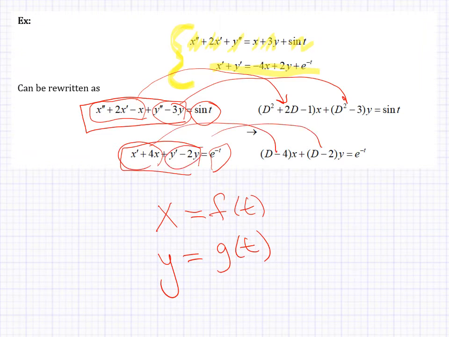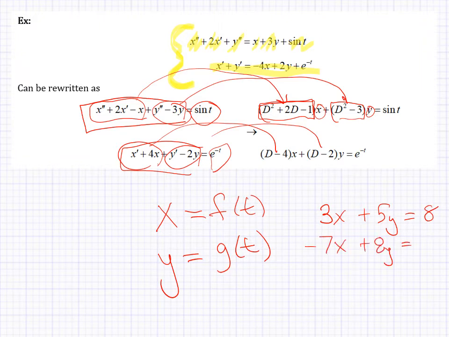Now, if you look at it, what do we have? We have some operator times x, or so let's say 4x, and some operator for y. And they have the same thing here. Well, this doesn't look too different than, let's say I gave you this back in algebra: 3x plus 5y equals, I don't know, whatever, 8. And negative 7x plus 8y equals 10.